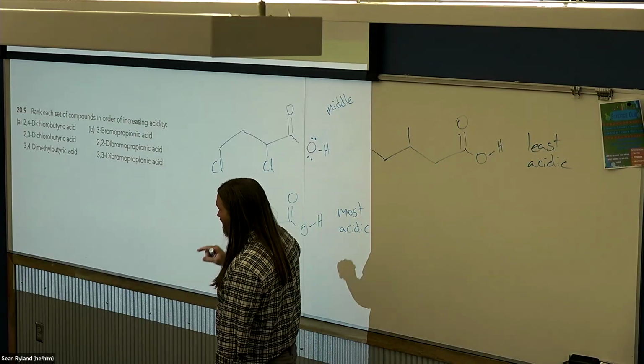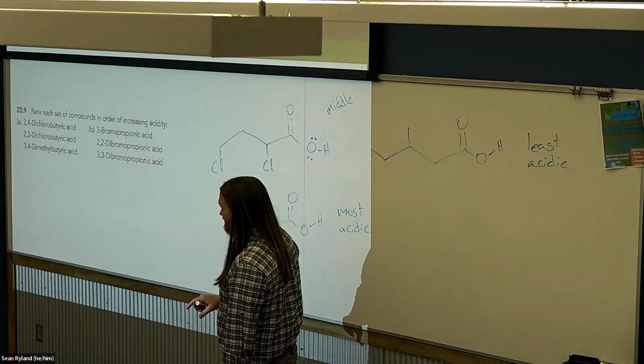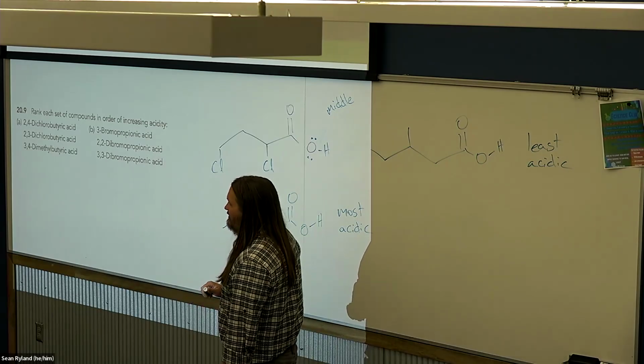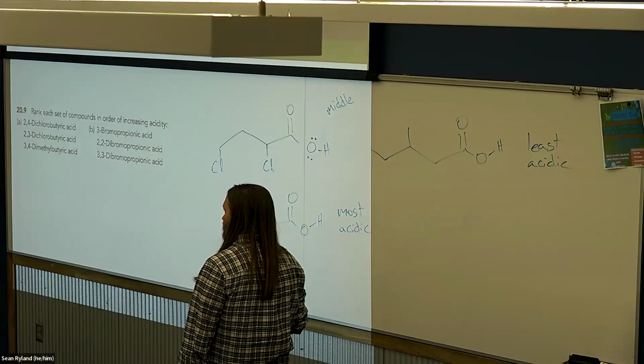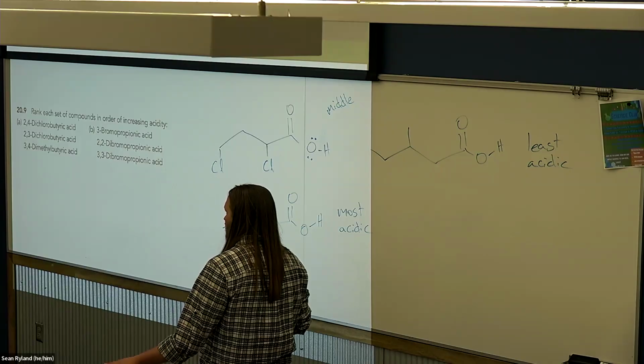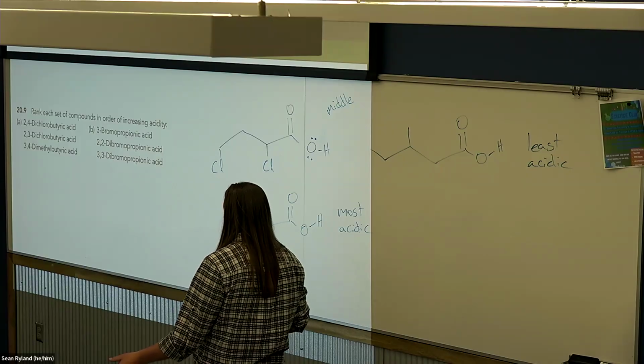The other possible variable is resonance. Because that's the other thing that's going to make it more stable in its conjugate base form, if we get extra resonance structures.